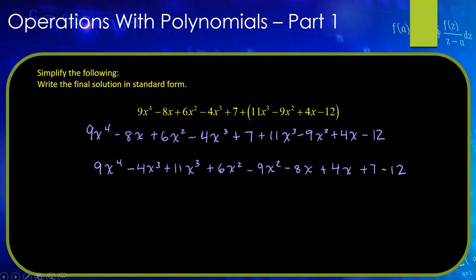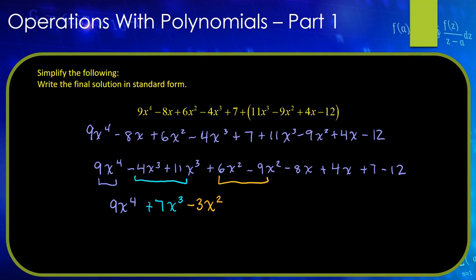So 9x to the 4th is by itself, so really all I'm going to do is just rewrite that. A negative 4x cubed plus 11x cubed becomes a positive 7x cubed, so I put a plus 7x cubed. A positive 6x squared minus 9x squared is going to give me a negative 3x squared, so I subtract 3x squared.